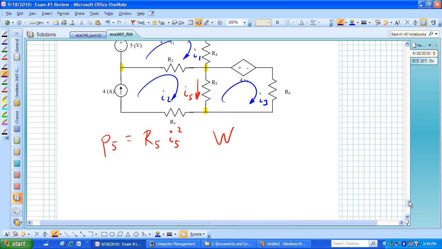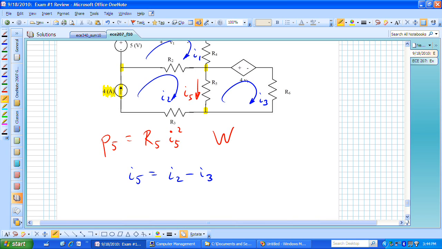If I can find I sub 2 and I sub 3, then I can say that I sub 5, since I sub 2 is going with I sub 5, is actually I sub 2 minus I sub 3. If I can find those two currents, then I can use my power equation for the power absorbed by R sub 5, and I'm done, because I just square that current and multiply it by 1, which is the value for R sub 5.